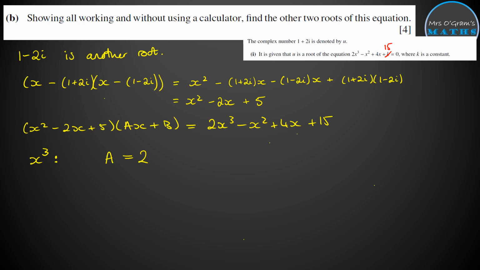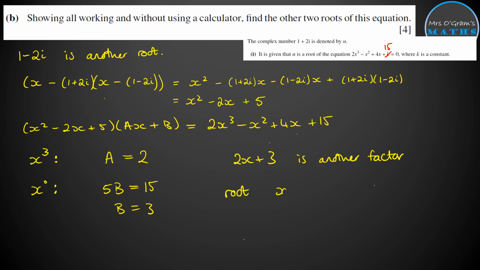Then if we compare the constants, 5b has got to be equal to 15, so b must be 3. Therefore 2x plus 3 is another factor. So our final root is that x equals minus 3 over 2.